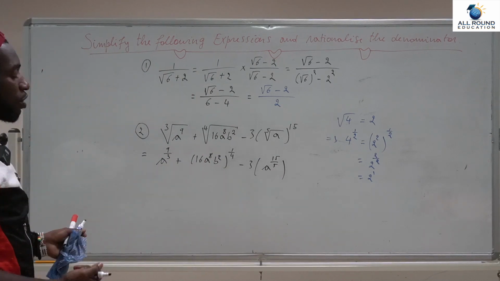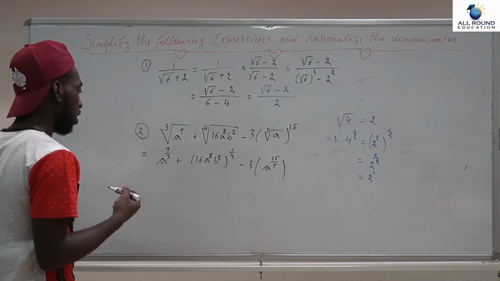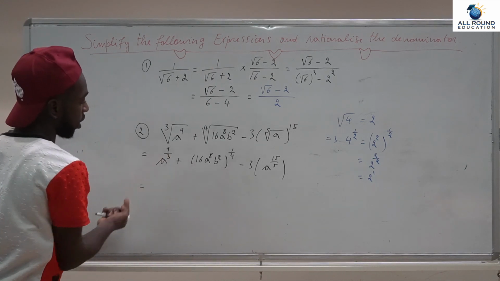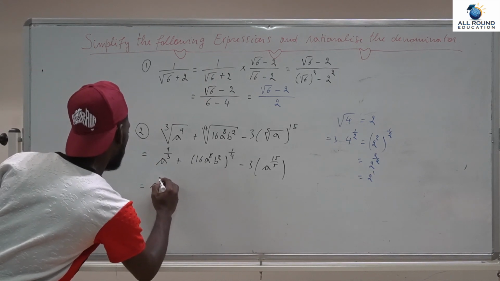So that's the expression now. You can see we are simplifying. Now the next bit that we have: what is 9 on 3? It's just 3. So a cubed.